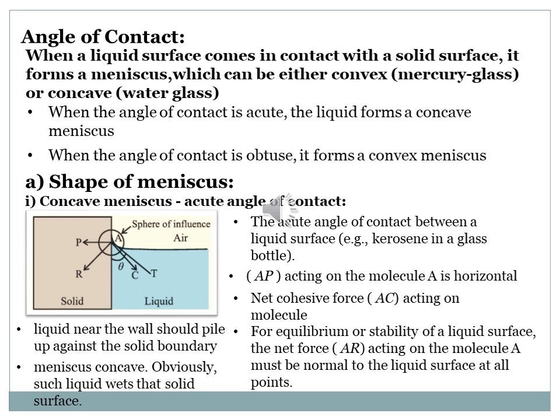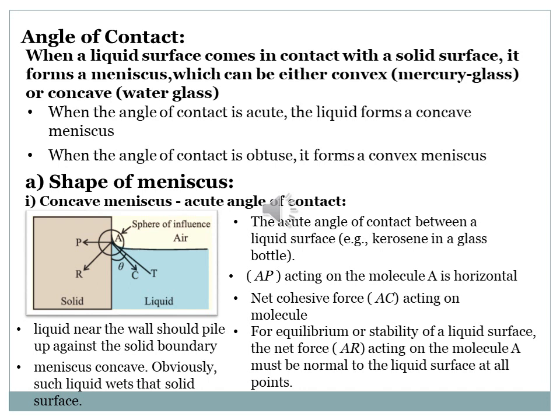Alright, so the first shape that we are going to see is the concave meniscus, which is created by an acute angle of contact. So have a look at this diagram. What you can see, there are three interfaces. First is solid, second is liquid, and third is air. The molecules inside a liquid will give you force of cohesion because they are molecules of the same substance.